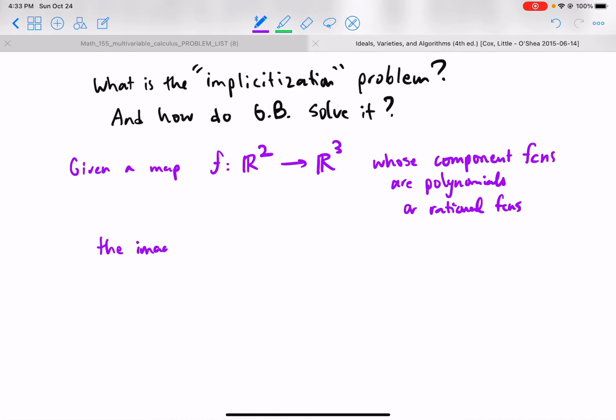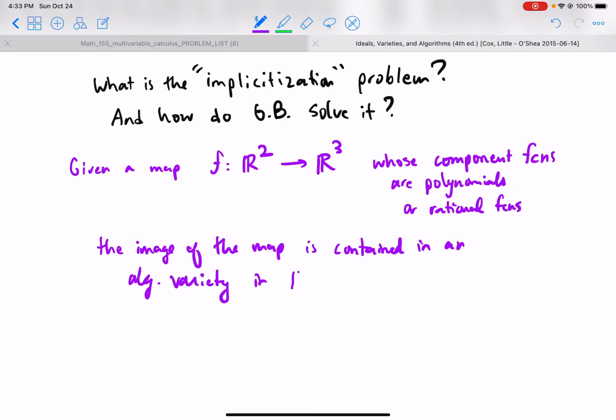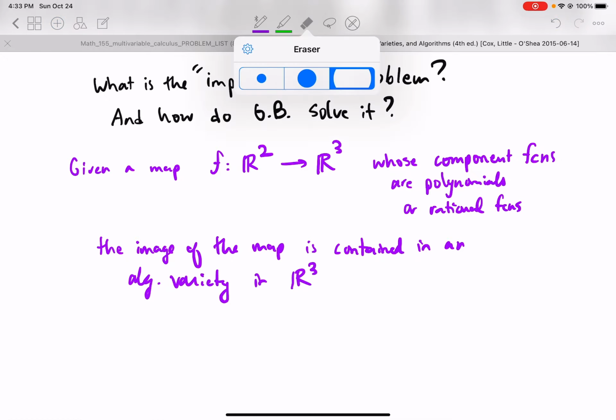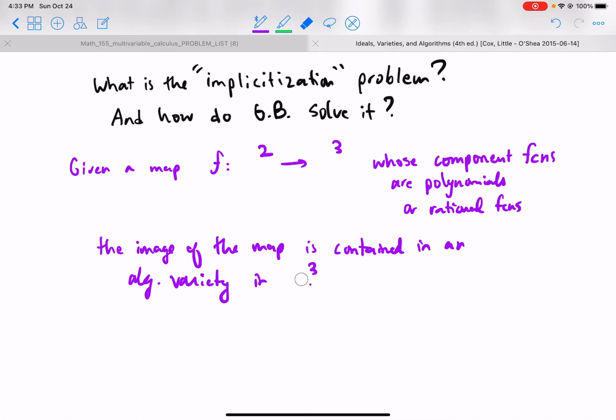The image of the map is contained in an algebraic variety in R3. And why did I do R? Well, because that's what we usually picture, but this works for any field.